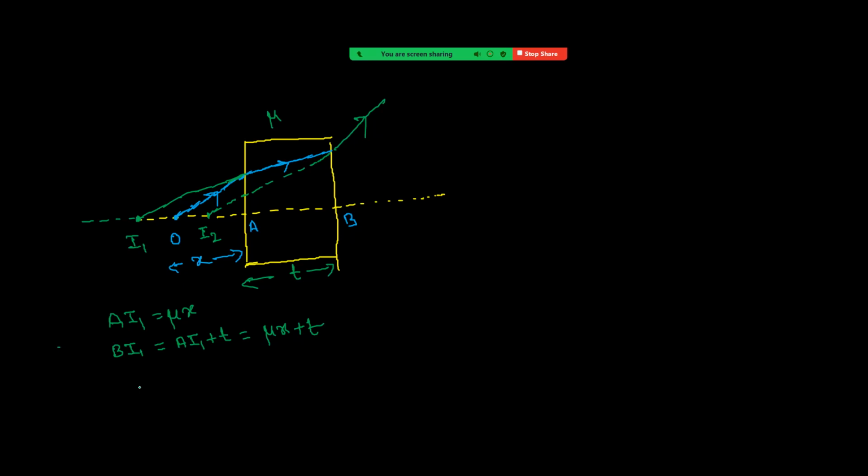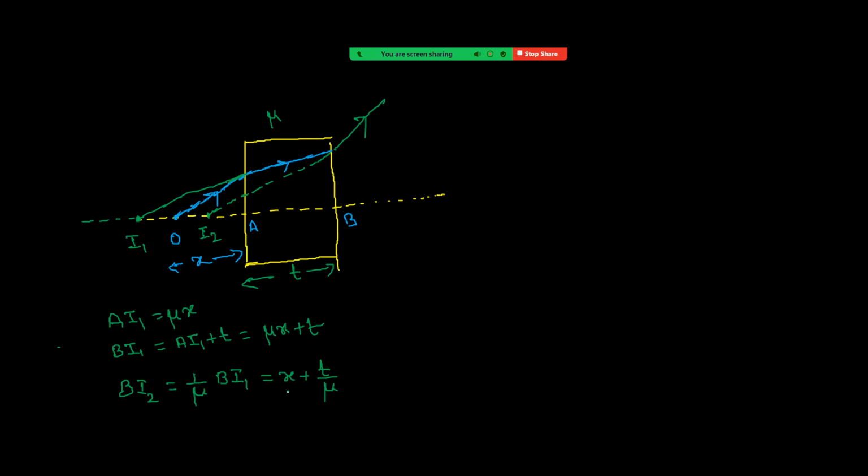Therefore, BI2 is equal to 1 by mu times BI1, that is equal to x plus T by mu.